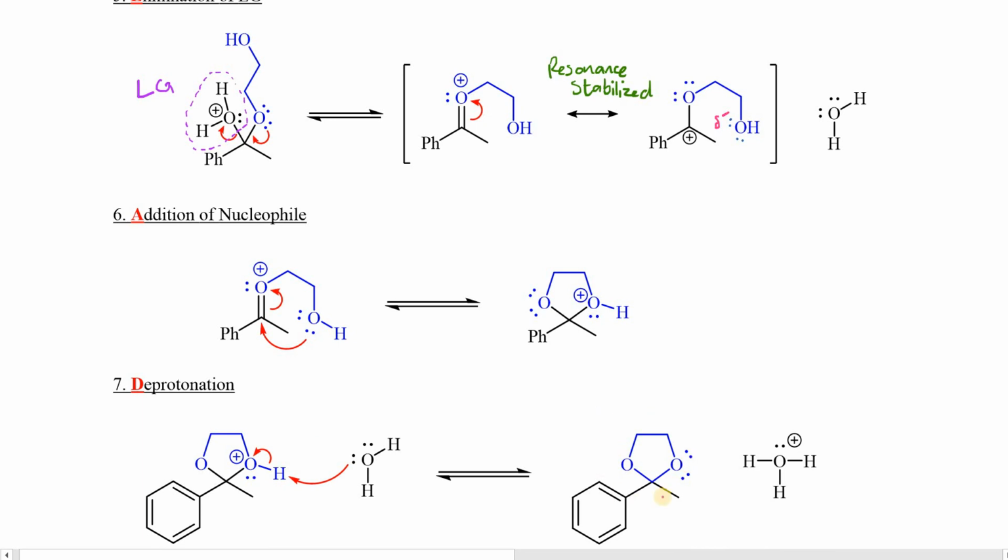And finally, we've protected the carbonyl. We've formed the 1,3-dioxolane. We've formed the alien structure. This is our protected carbonyl. And we've regenerated the acid. So again, this indicates acid catalysis. We've regenerated the catalyst. Now we have the full acetal.